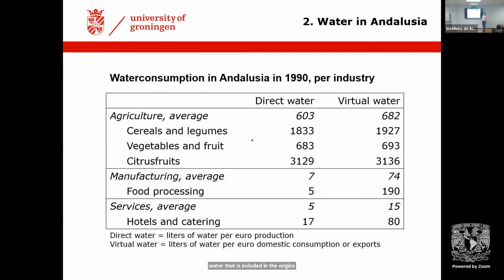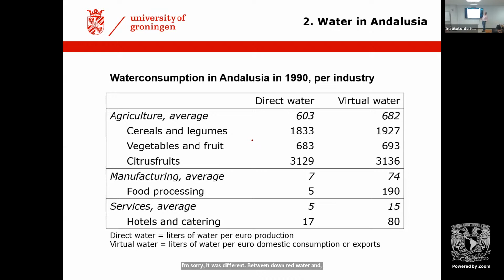That's the final product. And observe for citrus fruits, for vegetables, and most of the cereals and legumes, it's more or less the same. Observe the huge difference between direct water and virtual water in food processing.